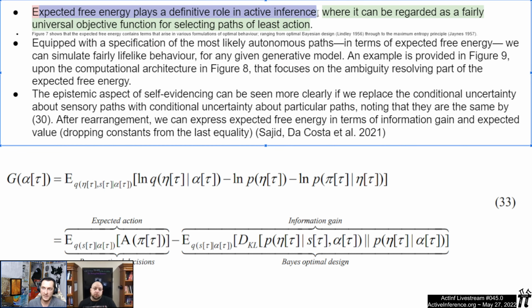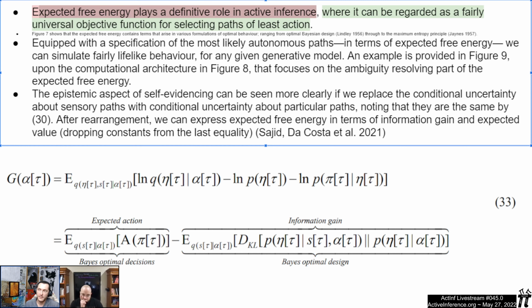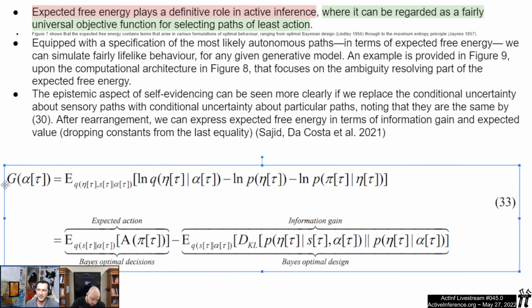Expected free energy, where it can be regarded as a fairly universal objective function for selecting paths of least action, planning as Bayesian inference. Equation 33, expected free energy, expected action, Bayesian optimal decisions. Utility, pragmatic value.